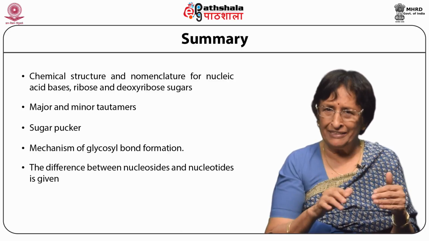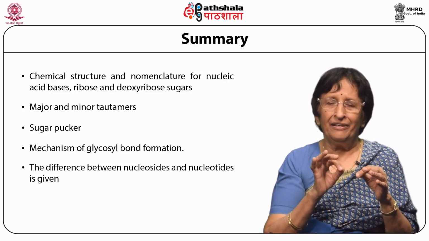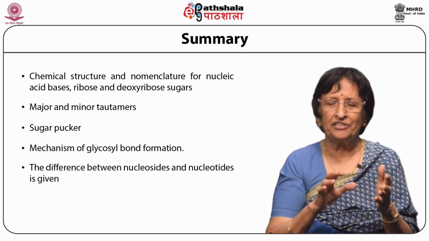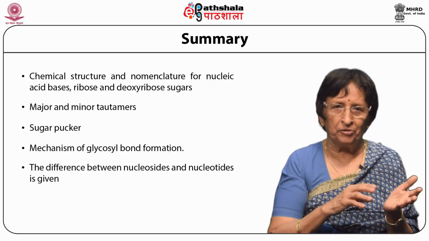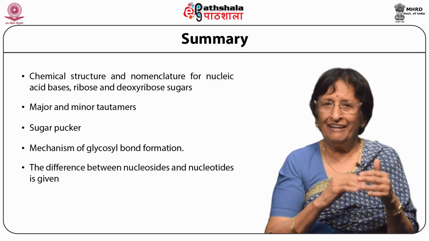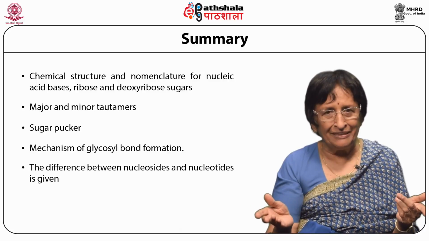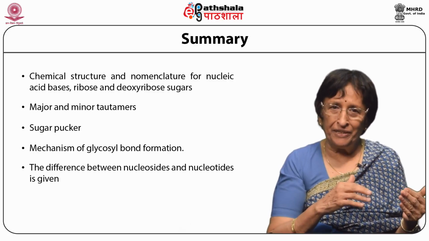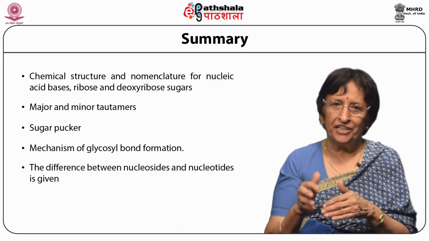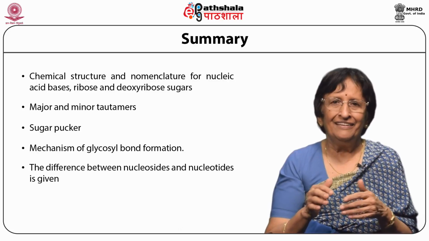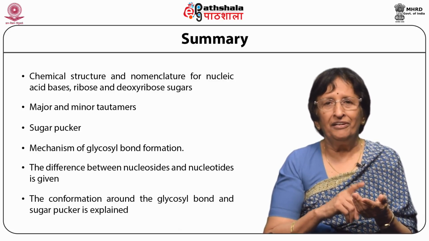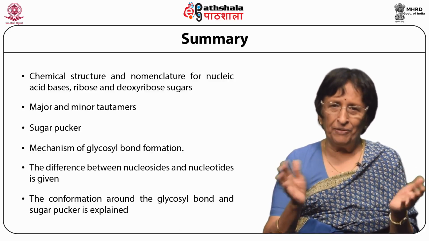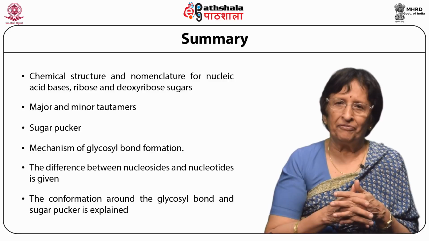So, nucleic acid bases are only aromatic nitrogen-containing fused five- and six-membered or six-membered rings with side groups, whereas nucleosides have a sugar group attached to the bases, and nucleotides have a phosphate and sugar group attached to the nucleic acid bases. Then we saw conformation around the glycosyl bond and explained the nomenclature for different sugar puckers.